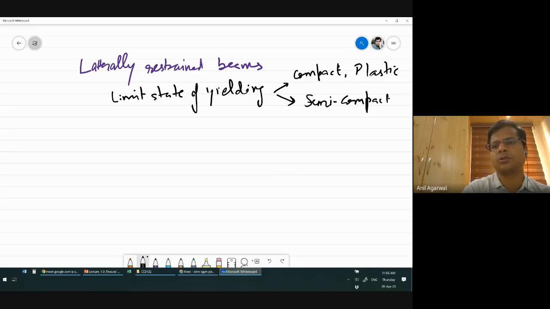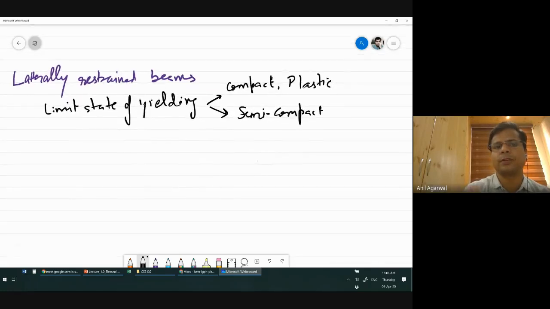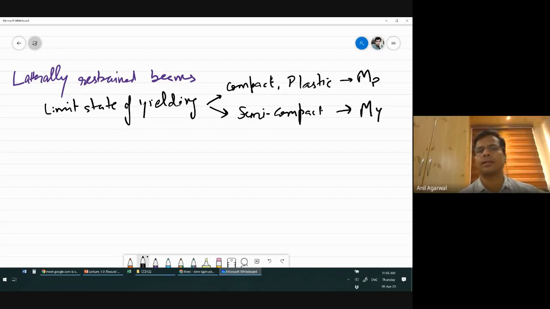Based on which type of section it is, we discussed that we can use MP, or otherwise we may use only MY as the capacity of the cross section, right? Everybody can recall it, right?